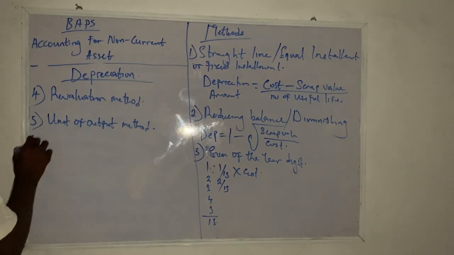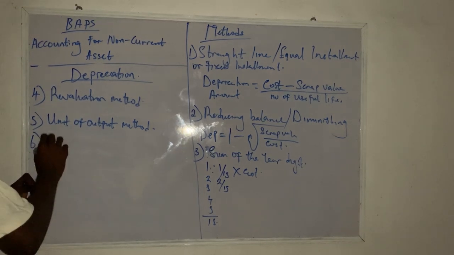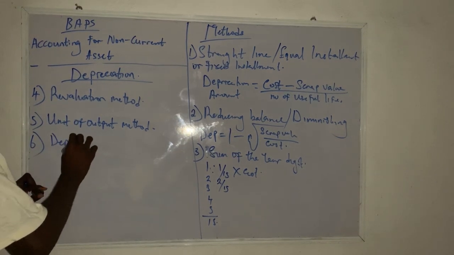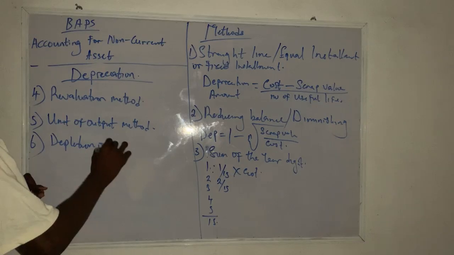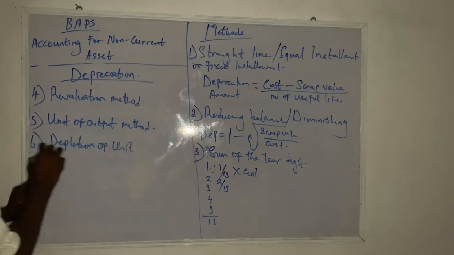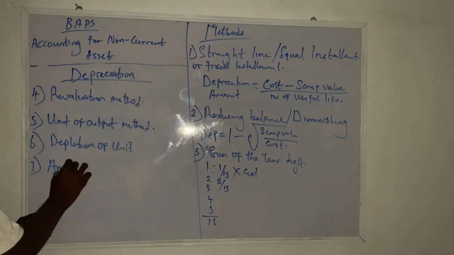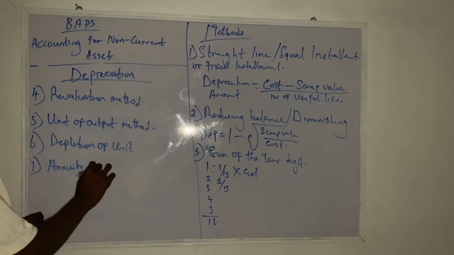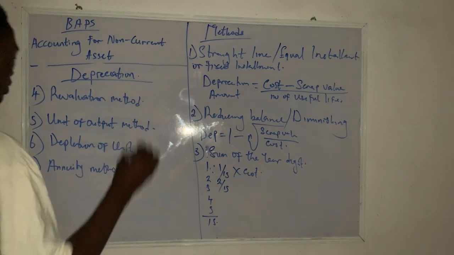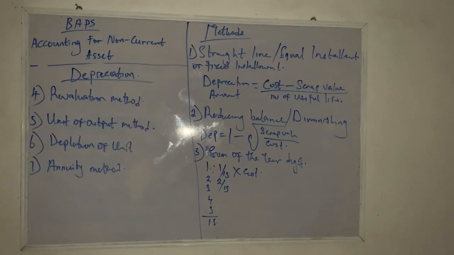Now next we have depletion of units. Then we also have annuity method.